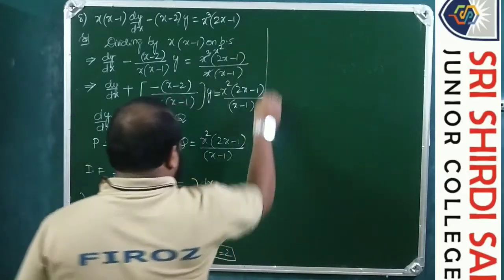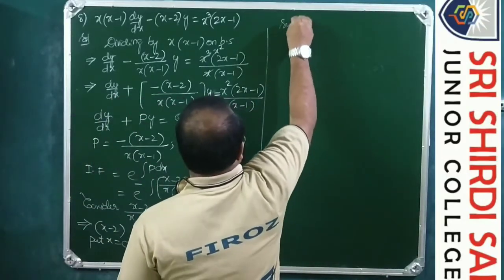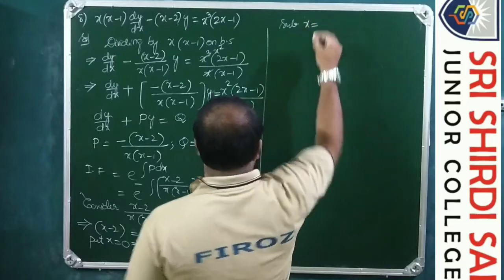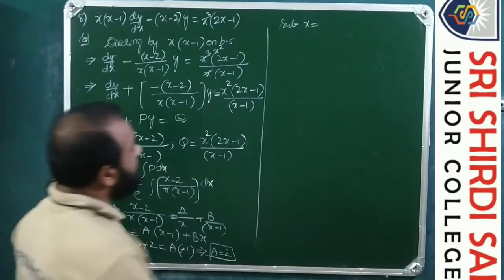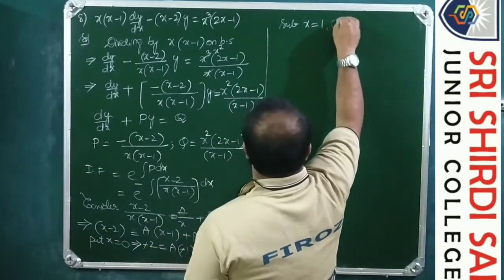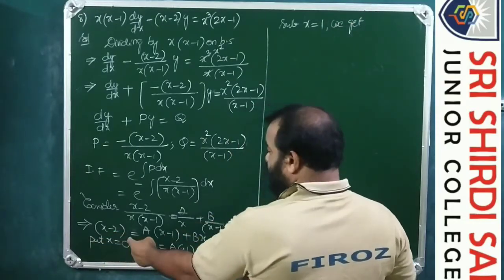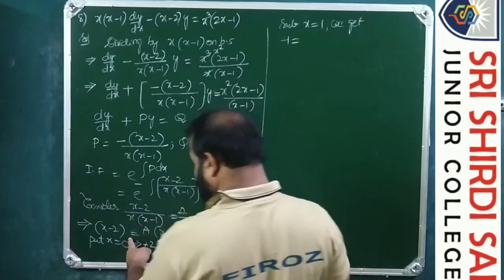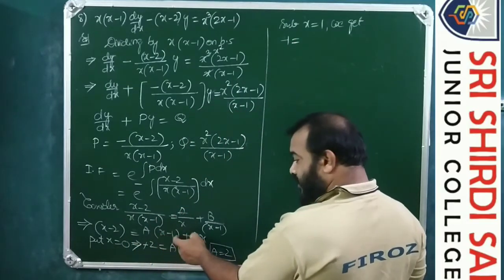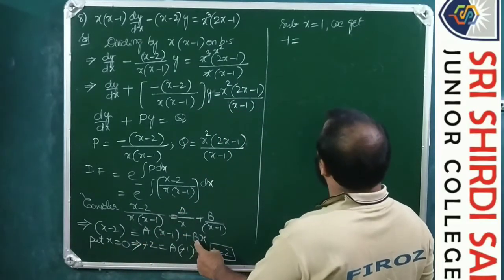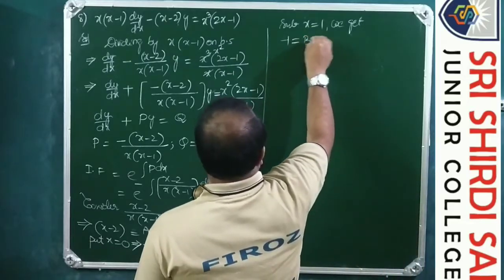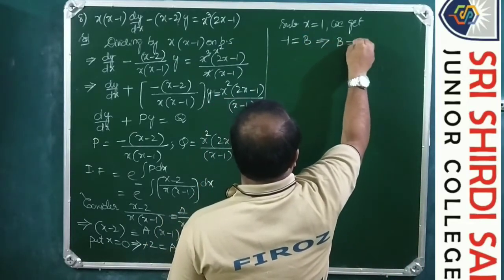Now substituting x equals to 1, we get 1 minus 2 is minus 1 is equals to 1 minus 1, 0. So b into 1, so b. So therefore b is equals to minus 1.